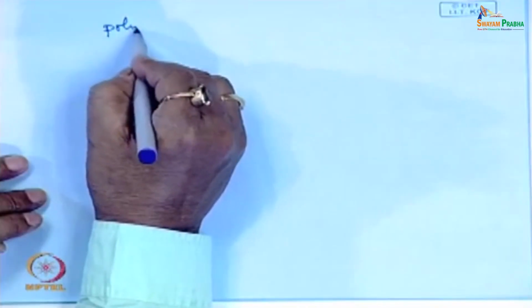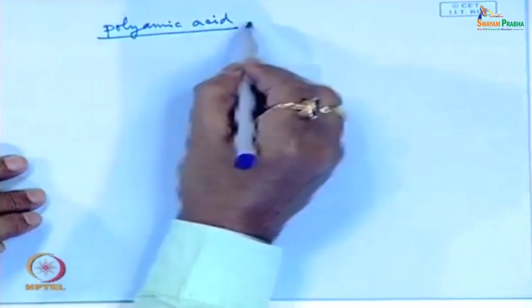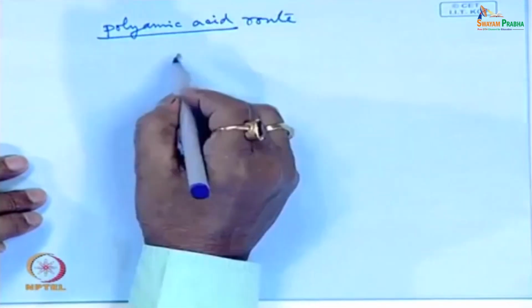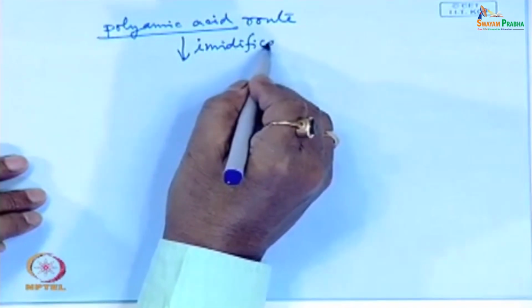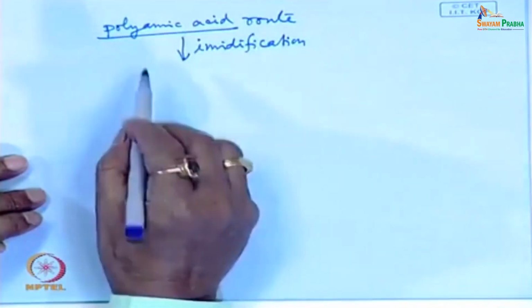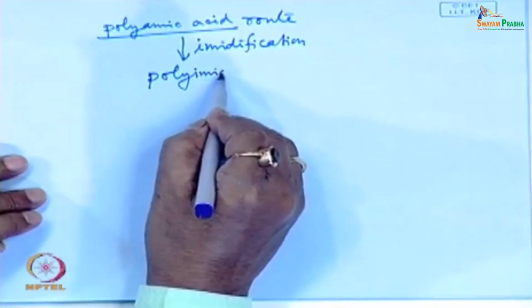So, one can take pyromellitic dianhydride or benzophenone tetracarboxylic dianhydride. These can be used for making high temperature resistant polymers, and their processability is difficult. If you want to make polyimides, then you have to go through the polyamic acid route. Further, imidification of this polyamic acid leads to polyimide.